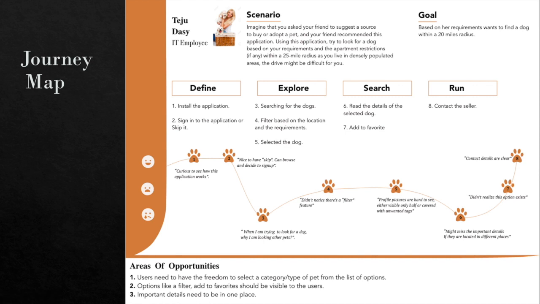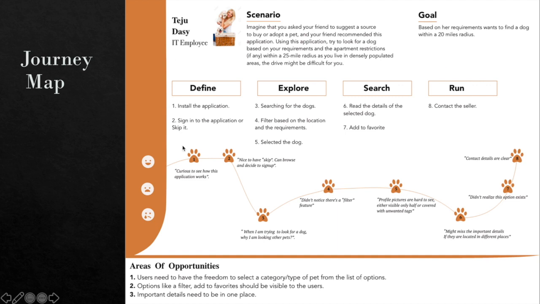So to define the areas that need to be improved in the application, I've designed a journey map by creating a scenario to search for a pet within a 25-mile radius, and the user can have their own preferences while searching for a pet.